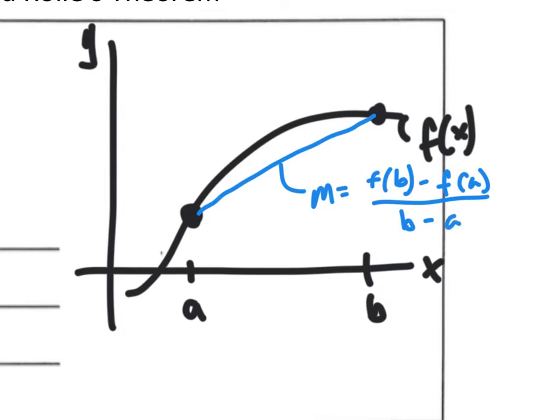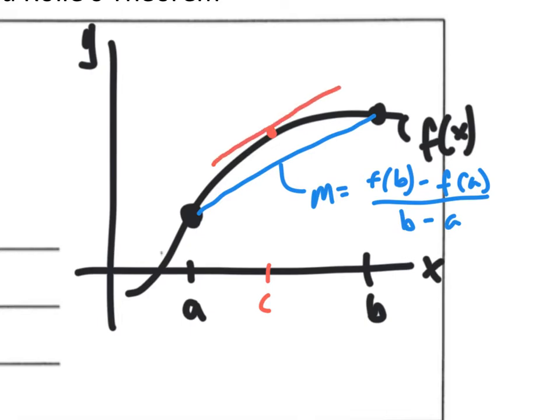And what the mean value theorem tells me is that there is some value c in between a and b such that the slope of the tangent line is equivalent to the slope of the secant line.